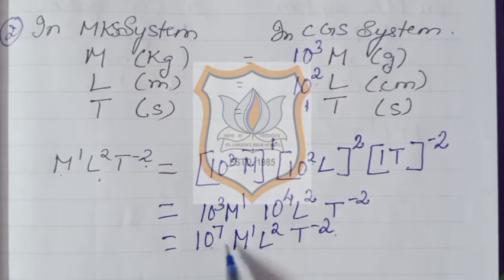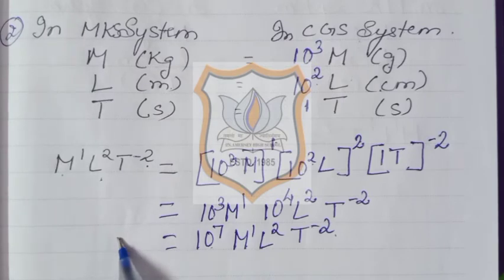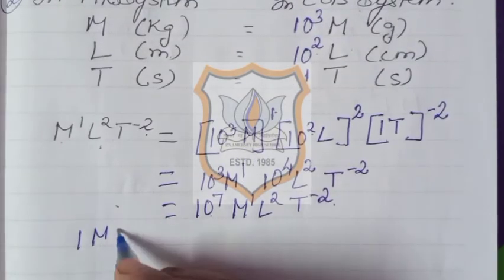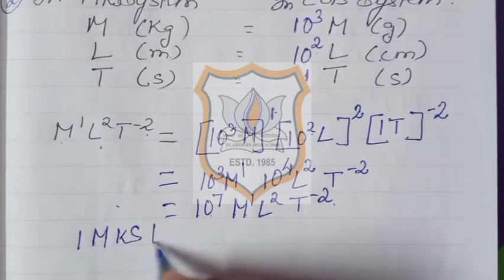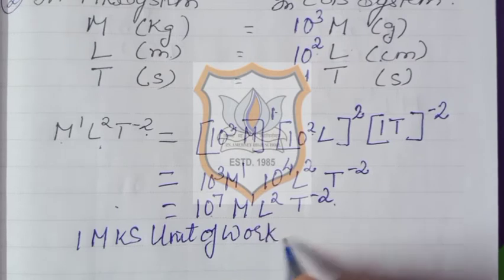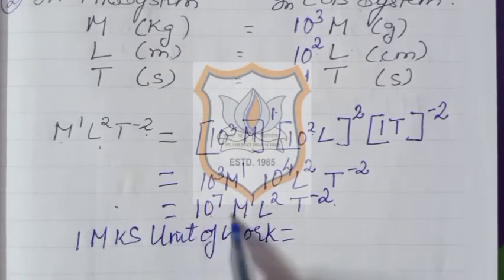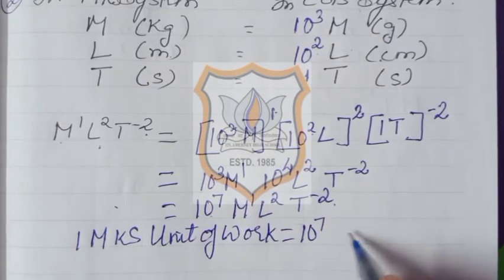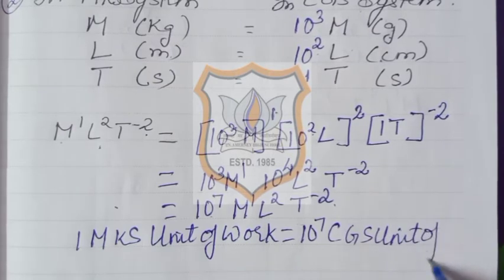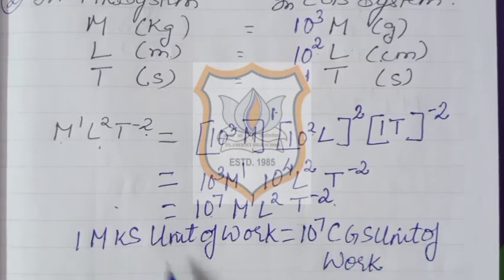So what is the relation? 1 MKS unit of work is equal to, how much we are getting? 10 raised to 7 CGS unit of work. So this is a relation. 1 MKS unit is 10 raised to 7 CGS unit of work.